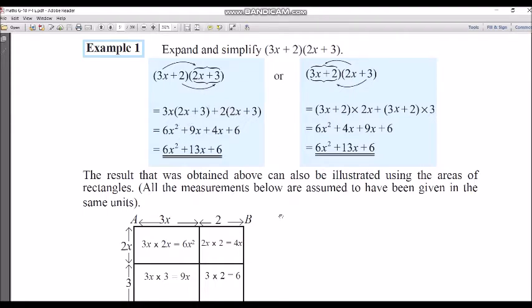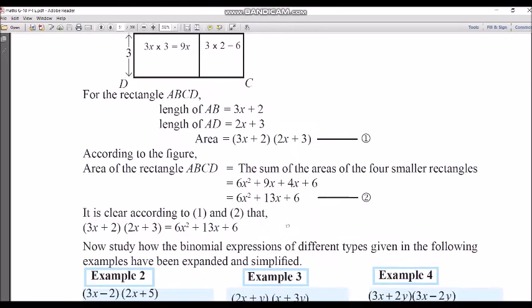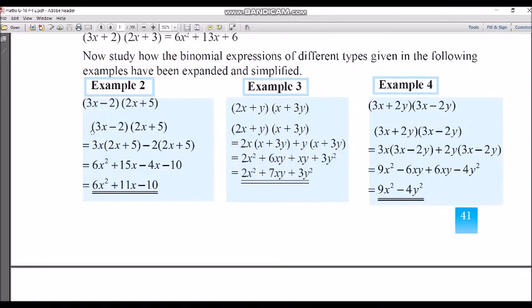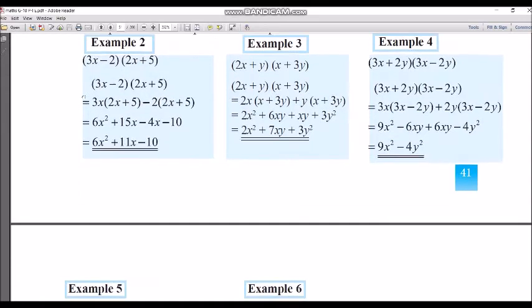So this is a very simple one, and these are some other examples, but the only thing is these plus and minus marks. So you can see here 3x minus 2, 2x plus 5.